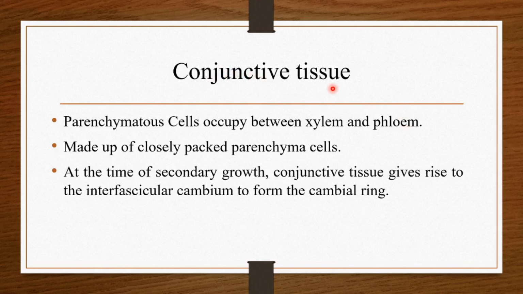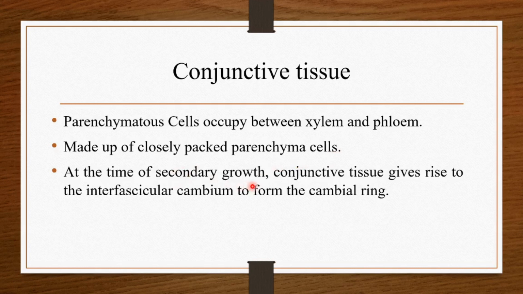Next is the conjunctive tissue. Conjunctive tissue means the parenchymatous cells occupy between xylem and phloem. These are the normal parenchyma cells in between xylem and phloem, made up of closely packed parenchyma cells.